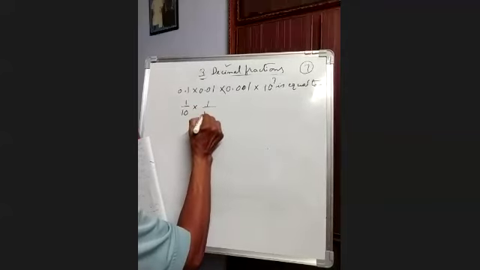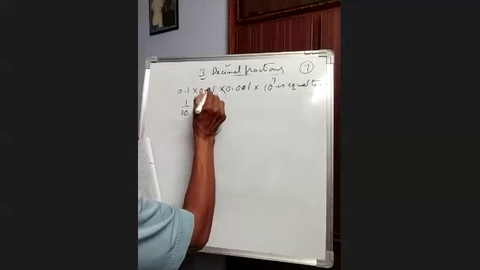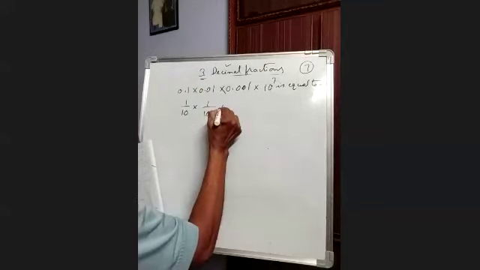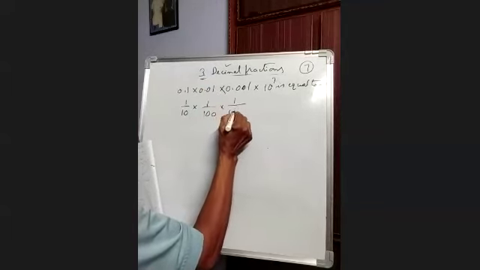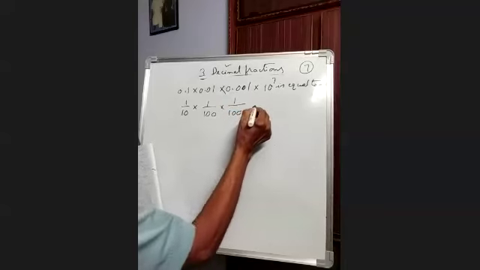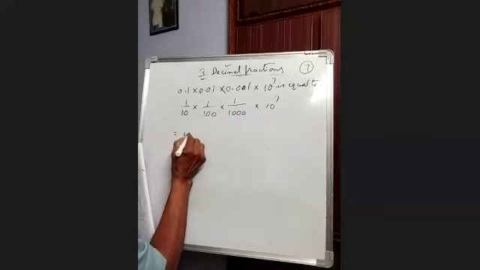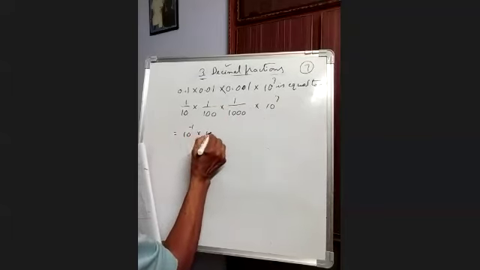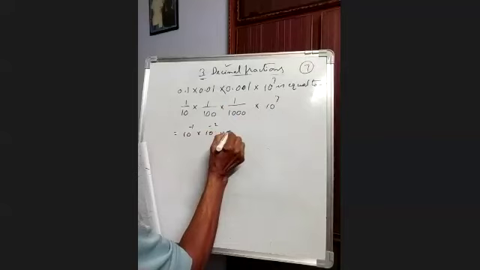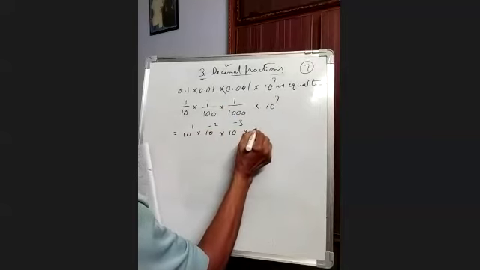Here will be 1 by 100, 2 places shifting, and then 2 zeros. Again, 1 by 1 and 3 zeros. And 10 to the power of 7. Given expression will be 10 to the power of minus 1 into 10 to the power of minus 2, 10 to the power of minus 3, 10 to the power of 7.